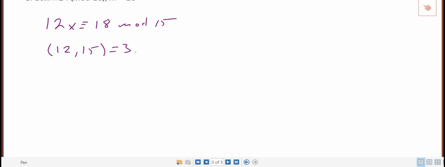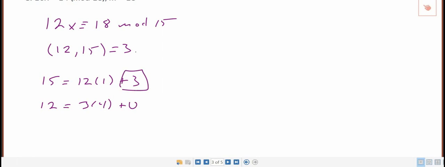So 15 is equal to 12 times 1 plus 3. 12, well, this is going to be kind of a boring linear combination, 3 times 4 plus 0, so there we go. So our linear combination, where 3 is my greatest common divisor, is 15 plus negative 1 times 12.